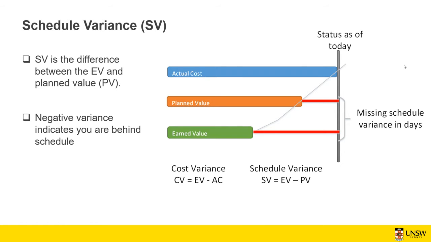So first of all, let's discuss the schedule variance. A schedule variance is the difference between the earned value and planned value. As we discussed, you plan that this job needs to finish in, for example, 6 months, and you plan, let's say, 30K to finish this job.